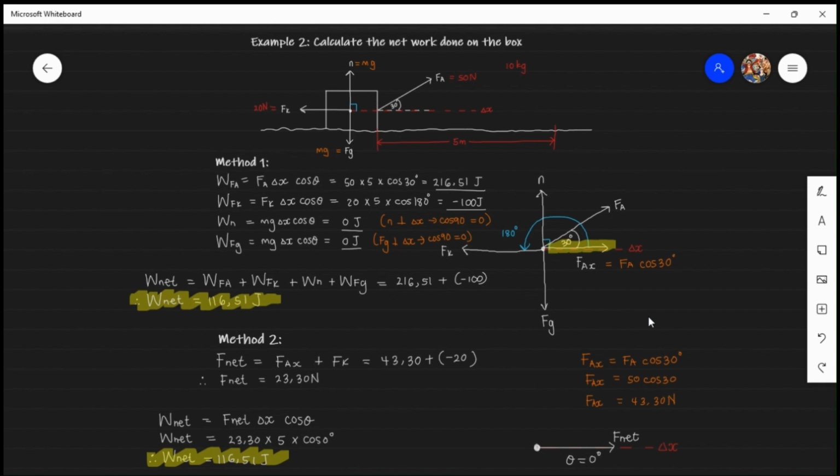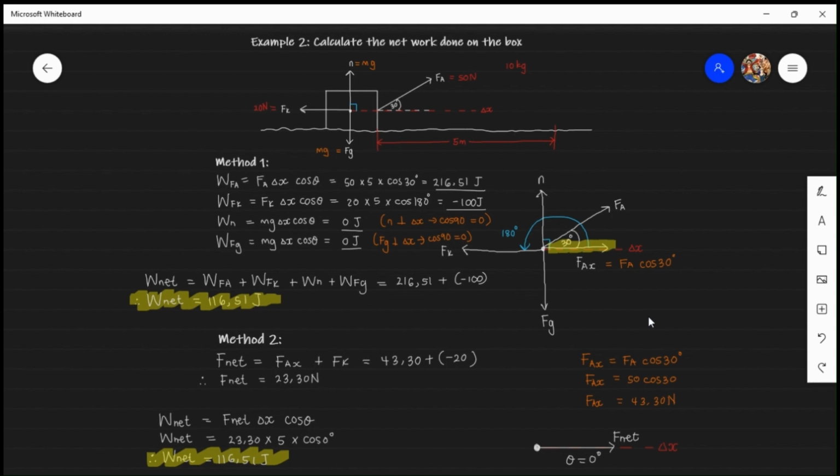So once we find the angle between our displacement vector and our F net vector, we can then substitute that in place of theta, and that will give us our work net. So it does not matter which method you prefer to use, both methods will result in the same answer.